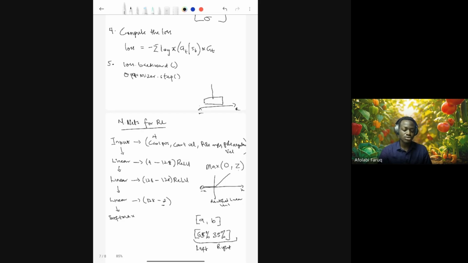Those are the two decisions we want to take, and that is what this output layer helps us decide at each time step. So softmax is going to be returning that, and that will be the output of what to do, maybe to go left or to go right.